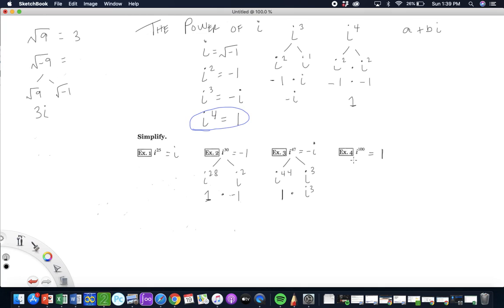If I wrote out 25 of these groups, it would equal 100, but at the end of the day it's just 1 times 1 times 1 times 1, 25 times, so the answer would be 1. In a nutshell, you're just going to have these 4 possible answers. When you take out as many groups of 4 as possible, you look at the remainder and look at the chart to see what it equals.